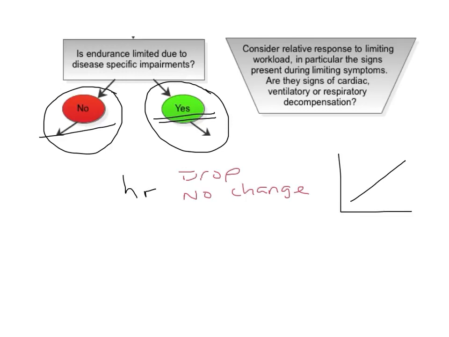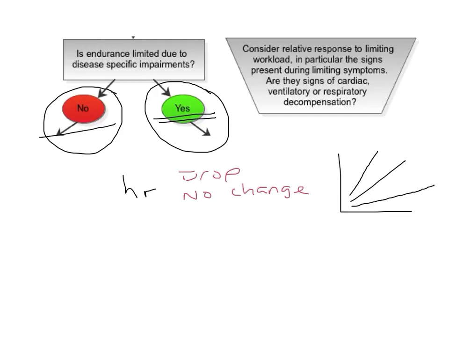Now, it is a strong indicator of poor fitness if it is a steep increase, and it is an indicator of fitness or of relative capacity if there's a shallow increase in heart rate. But even in superior athletes, with an increase in workload, there's an increase in heart rate. So even if they have a resting heart rate of 45 beats a minute, when they get up and walk, it goes up a little bit.